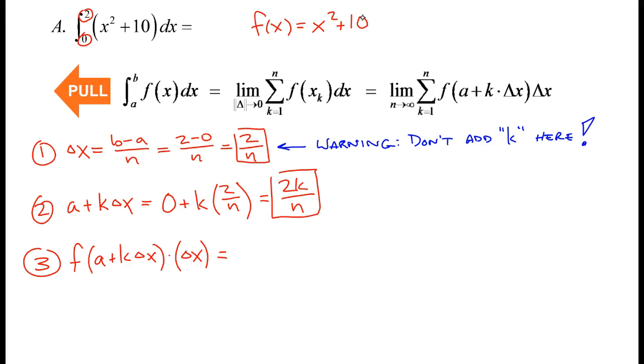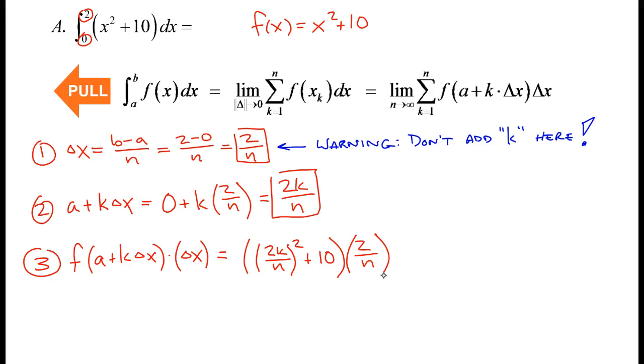So let's go ahead and substitute a plus k delta x in for x. So a plus k delta x is 2k over n. We did that in the previous step. We need to square that and then add 10 to it. Then we have to multiply by delta x, which, as we've already discovered, is 2 over n.